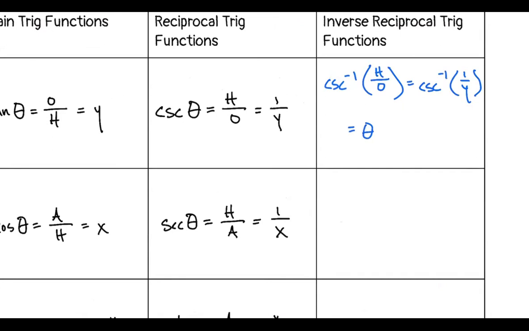Okay. So just like the regular inverse trig functions, we could have inverse reciprocal trig functions. So we could do inverse secant of hypotenuse over adjacent, or inverse secant of 1 over x, and that would give us an angle.